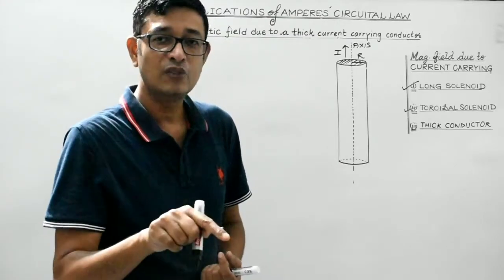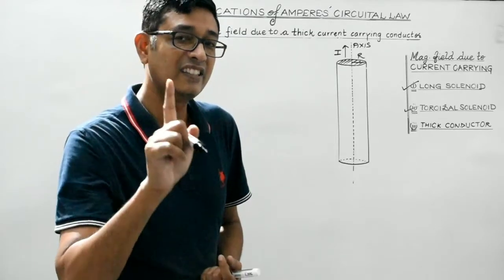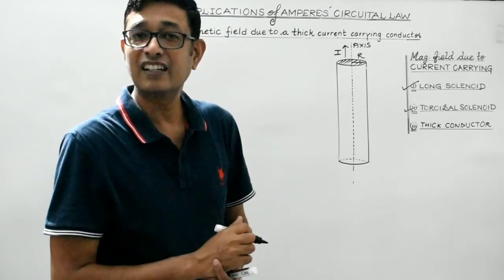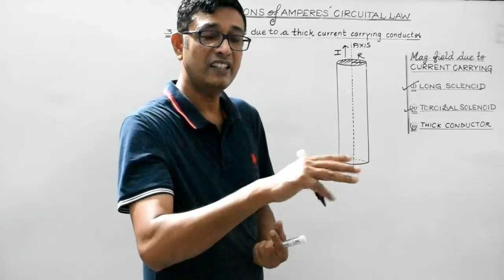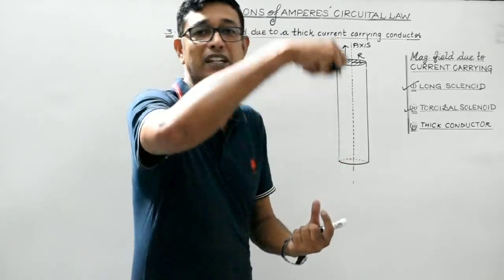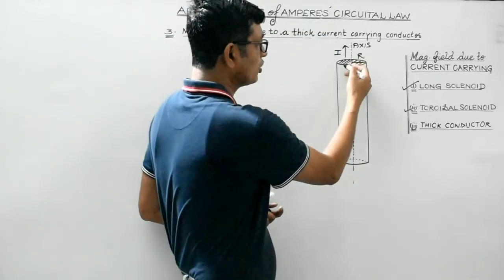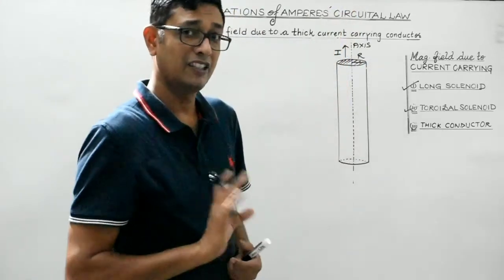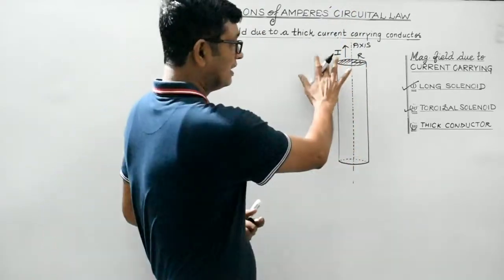But here we are considering direct current, that is DC current. DC current is the current which remains steady and which flows throughout the material of the body. Clear students? So here we are dealing with DC current.